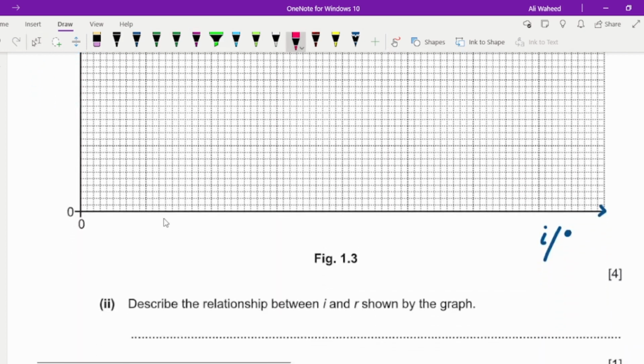So it'll be fine if we do something like this. 10, after the next 10 lines, 20, next 10 lines, 30, next 10 lines, 40, next 10 lines, 50, next 10 lines, 60, next 10 lines, 70, and next 10 lines would be 80.